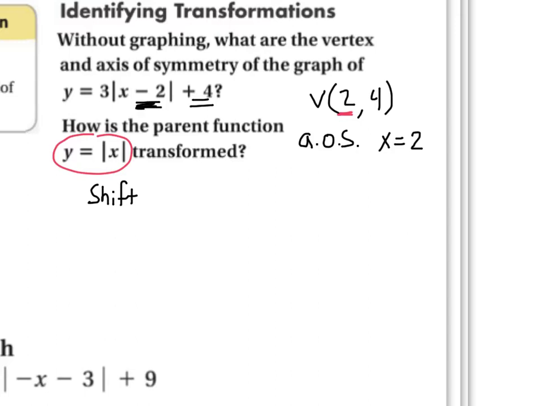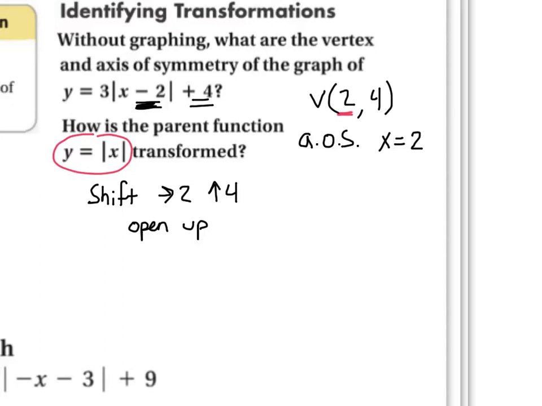Careful. We're going to the right 2. Where else? Up 4. We're going to the right 2 and up 4. Our graph is going to open up because A is positive.